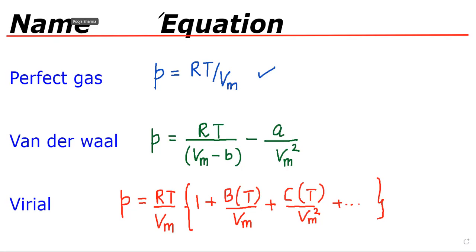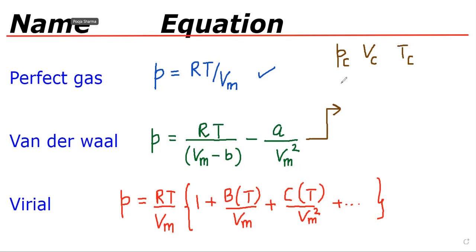Now, what is the important case here? We actually go ahead with this equation and try to convert it into a reduced form. You know what the reduced form is? For that, let me introduce the critical parameters for the gas: Pc, Vc, and Tc.